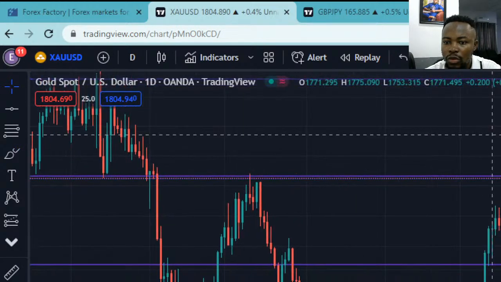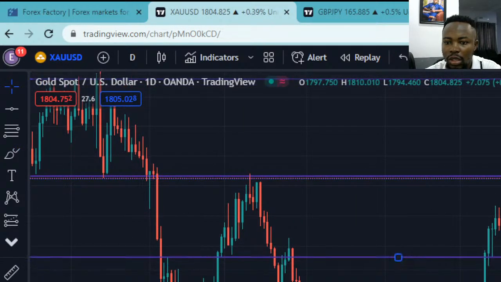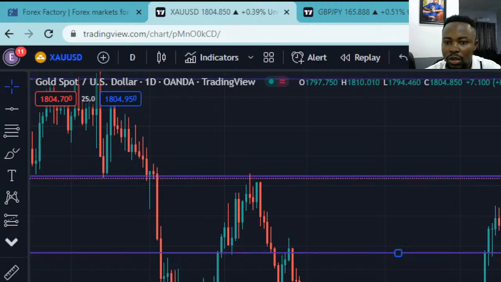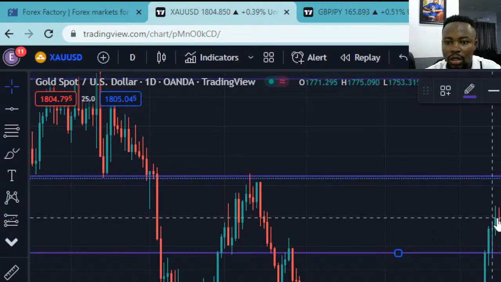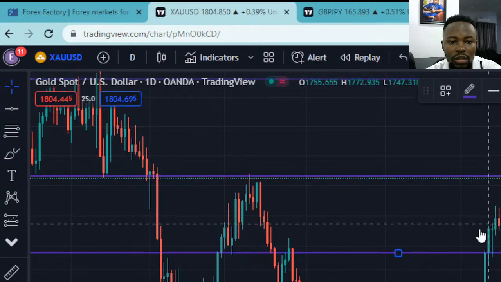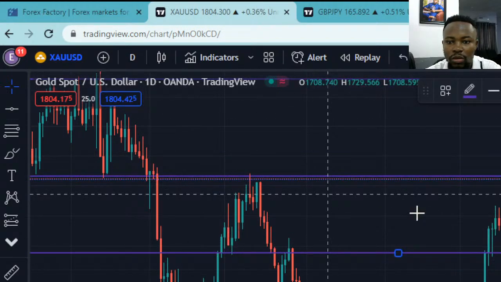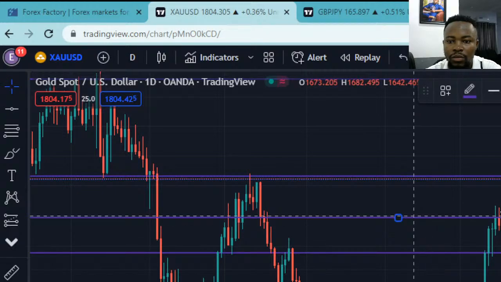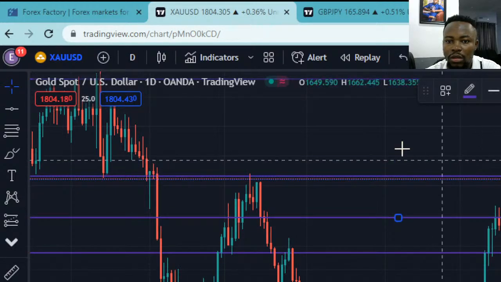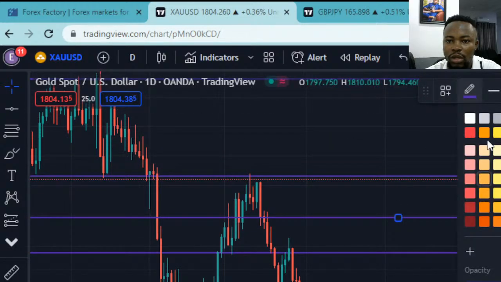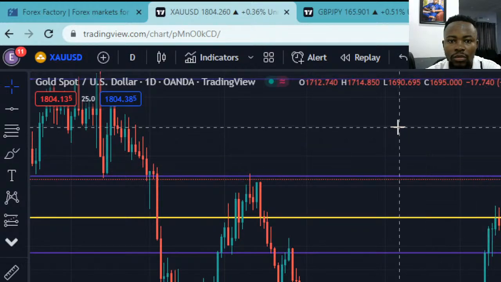So on the daily we have an area of rejection here, an area of interest, right? And also there is this rejection to the left hand side there, so we could keep an eye on that on the daily, right? So let's make the daily line yellow.